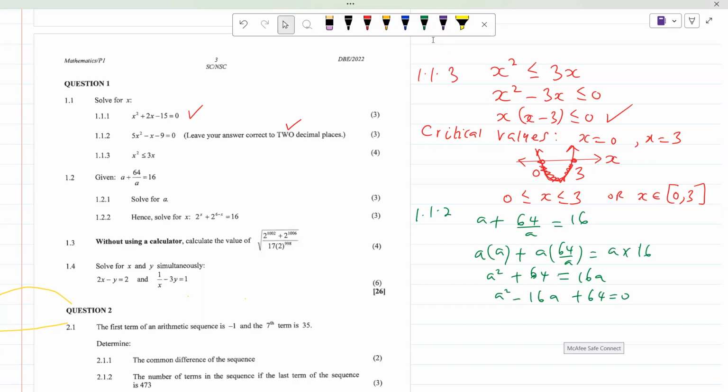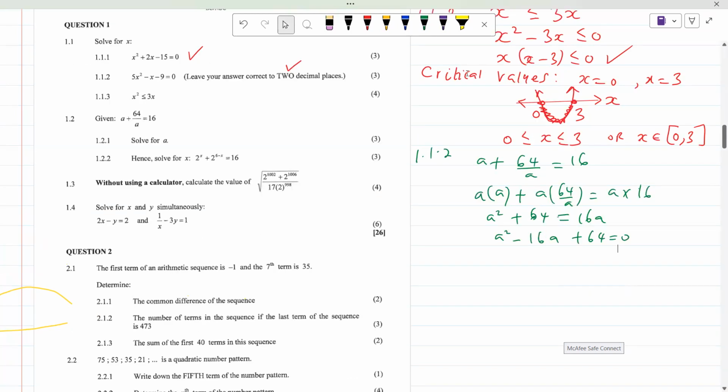Right, so what is the next step out of this? We're able to see that we can find the factors of this. So what are the factors of a squared? A and a. Of 64, 8 by 8, but both negative, because negative 8 by negative 8 is 64.